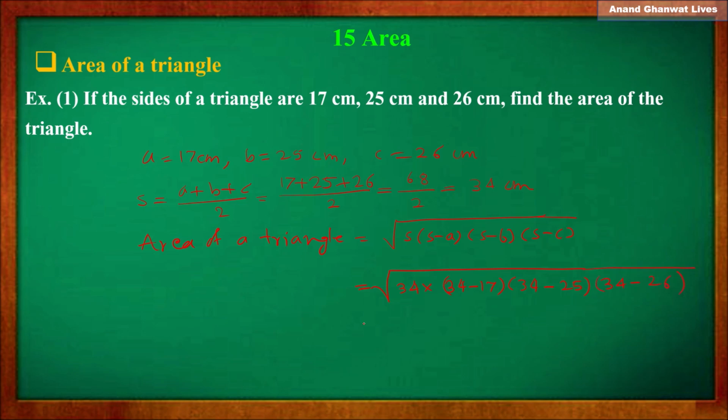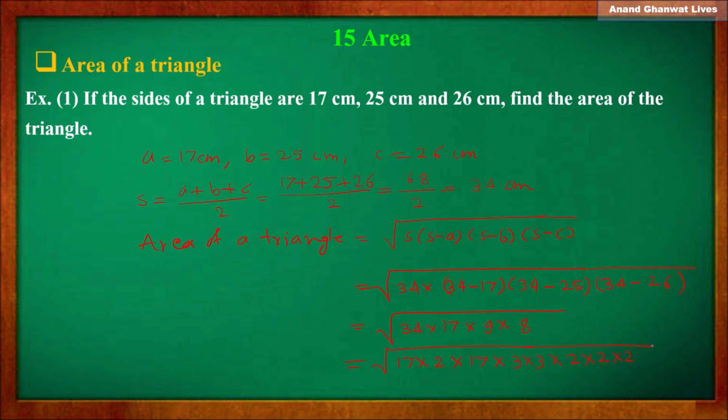So solve the brackets first. 34 into 34 minus 17, that is 17, 34 minus 25, that is 9, and 34 minus 26, that is 8. So square root of 17 into 2 into 17 into 3 into 3 into 2 into 2 into 2.